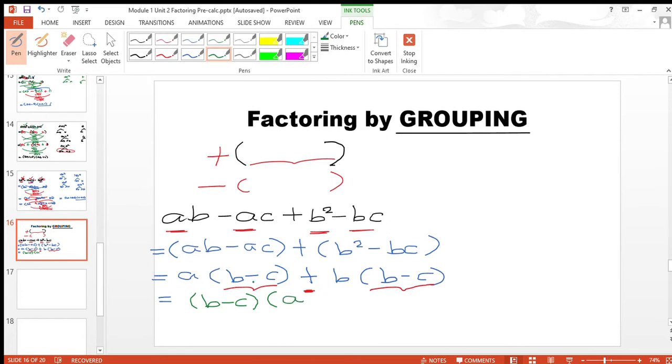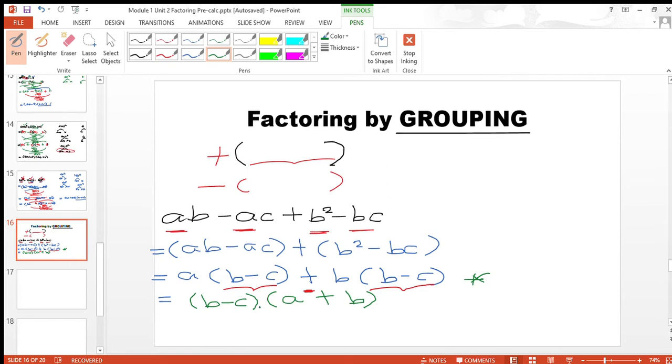So if we divide this by B minus C, that leaves us A plus, we divide this by B minus C, that should now leave us B. Okay? So we have used common monomial factor in this line of the solution. And this will now be our final answer.